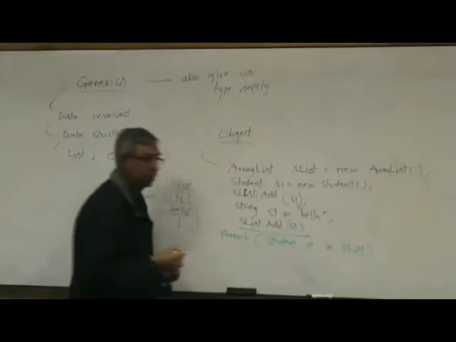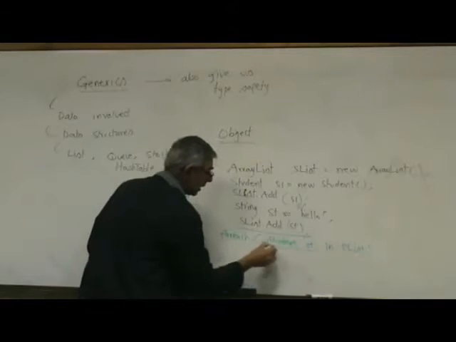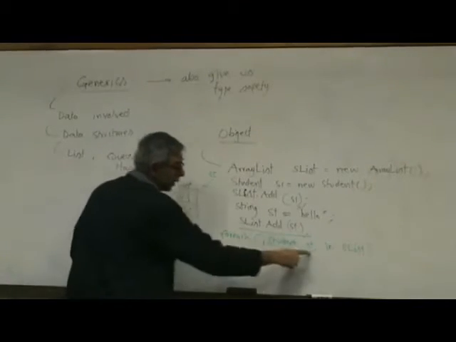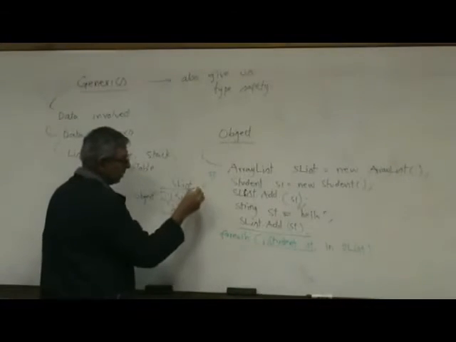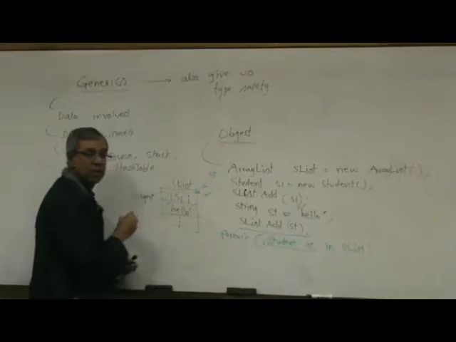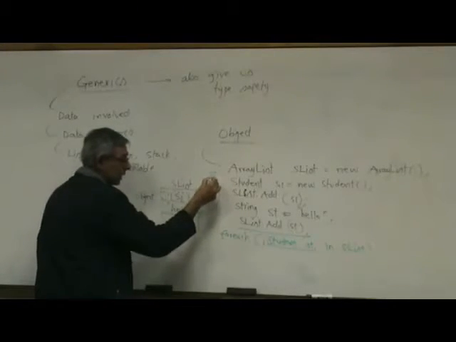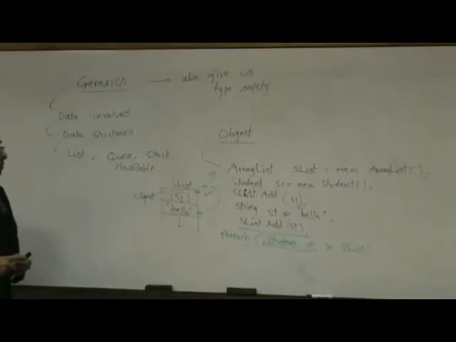Will this work? No. The reason is, think of it this way: Student st is a reference capable of pointing only to a student. The very first time through the loop, sure, this will be okay. But second time through the loop, what will happen? Can st, which is of type student, point to a string? No, so that's when it will generate the runtime error.